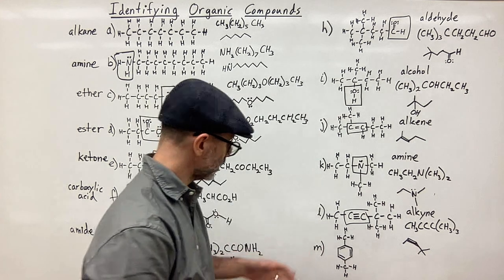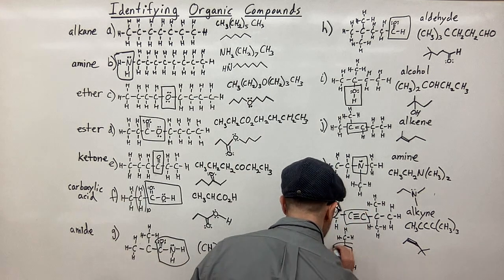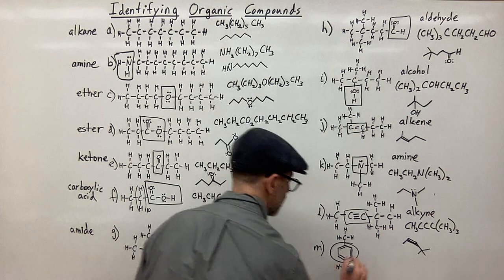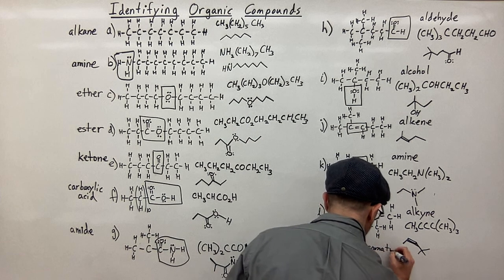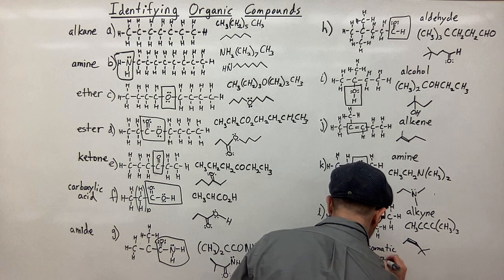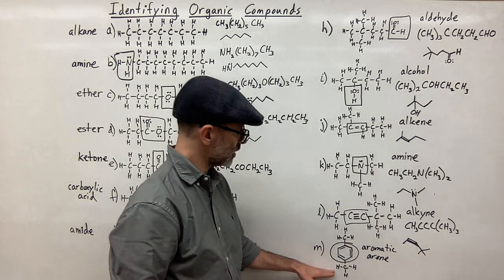And then finally, we have this one. So this is an arene because of this here. This makes it an aromatic, or arene. And so we would condense that.